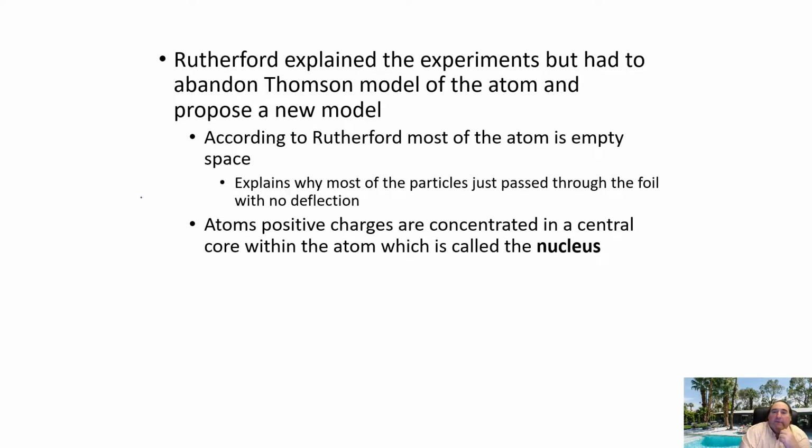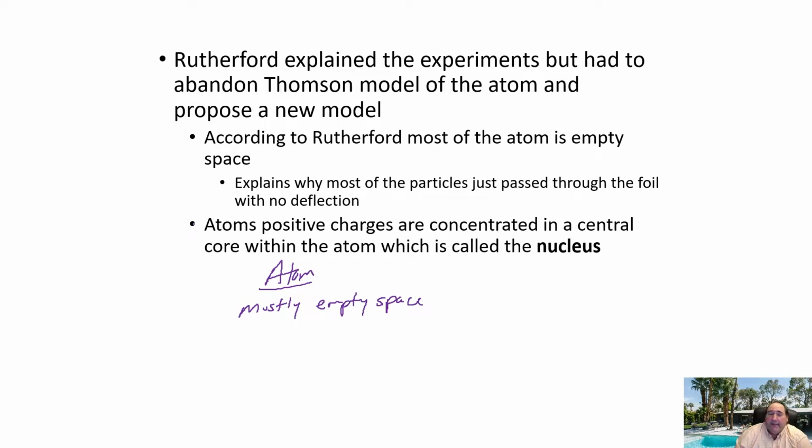And according to Rutherford, he felt that the atom was mostly empty space. And again, that is what accounted for all those particles that pretty much sailed through with no problem.